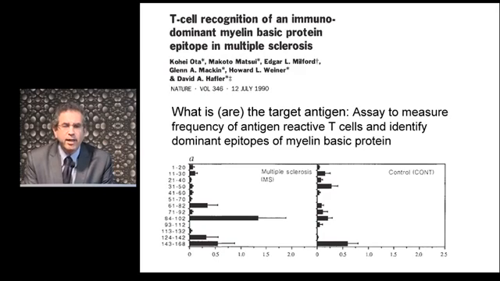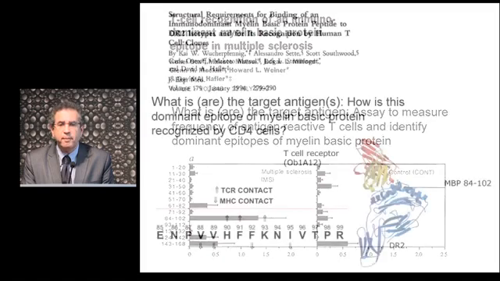Our laboratory and many others over the years have identified different target antigens, and we've used these assays to measure the frequency of autoreactive T cells. By doing these types of assays, we've identified particular epitopes of myelin antigens. Here is the myelin basic protein and a particular epitope of myelin basic protein, which is recognized more frequently in patients with multiple sclerosis as compared to age-matched control individuals.